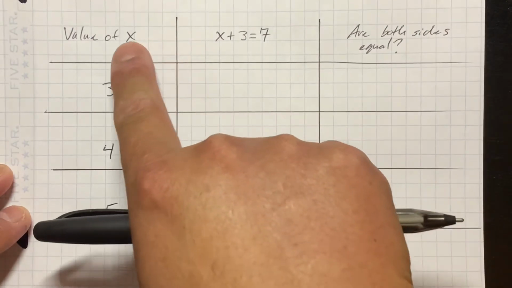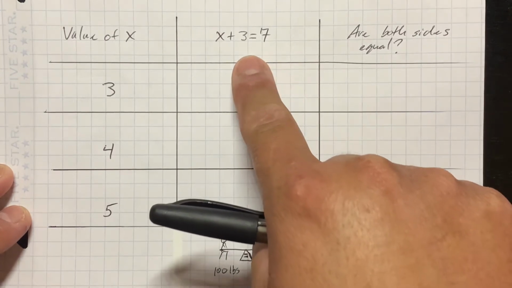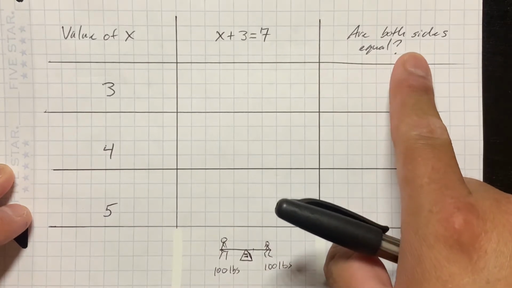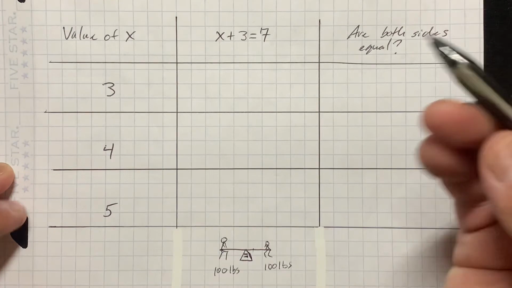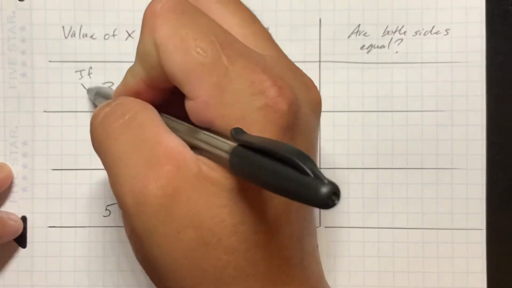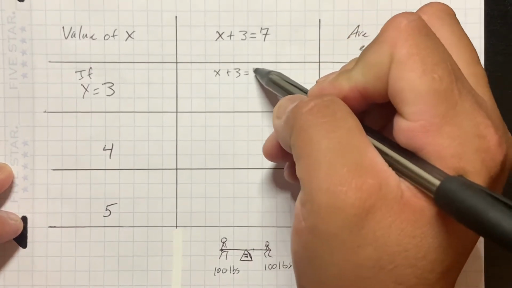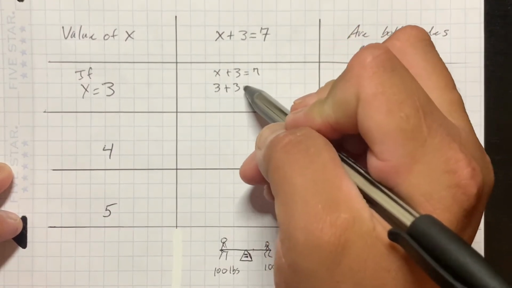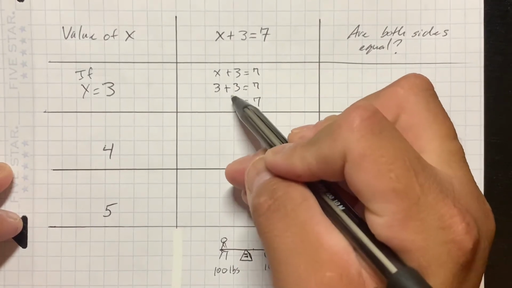For the first column, we have the value of x and a list of numbers. The second column has the equation x plus 3 equals 7. We want to know if both sides are equal, so we want to know if each is a solution or not. If x equals 3, and we substitute 3 for x, it has to equal 7, but 3 plus 3 equals 6.